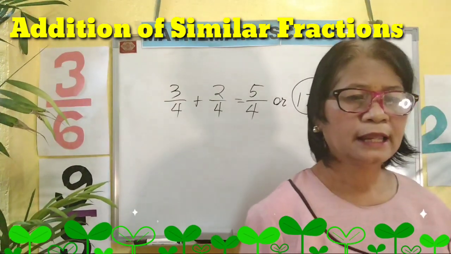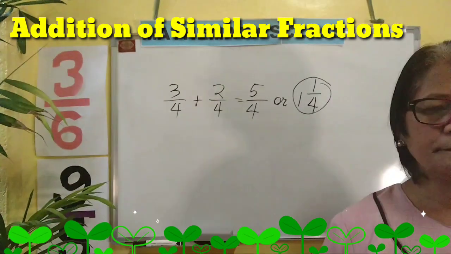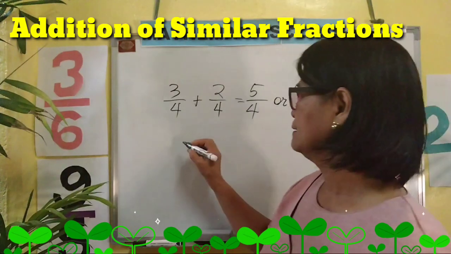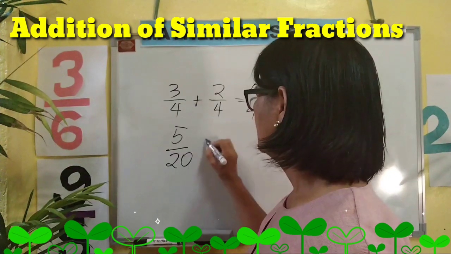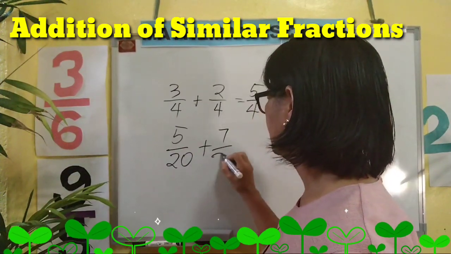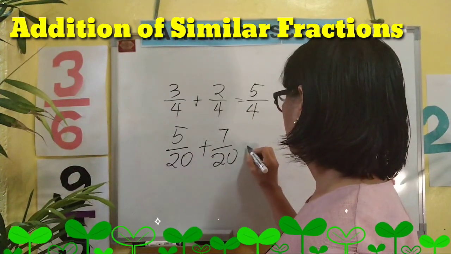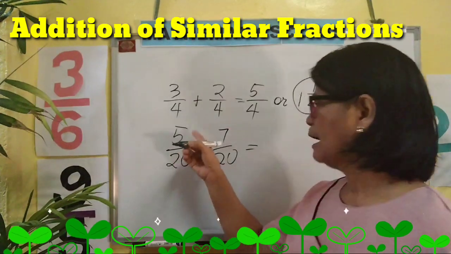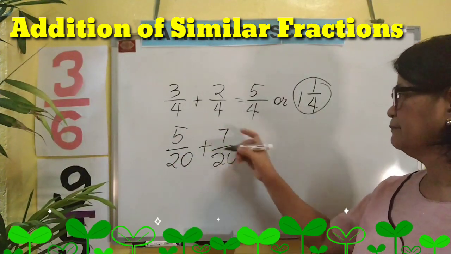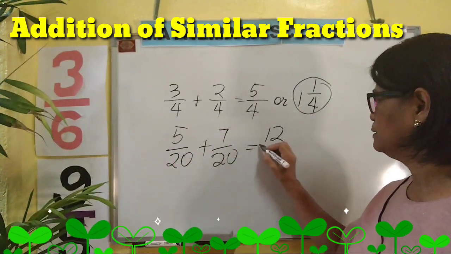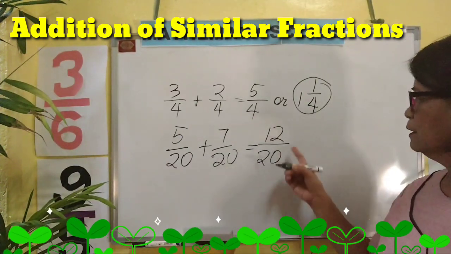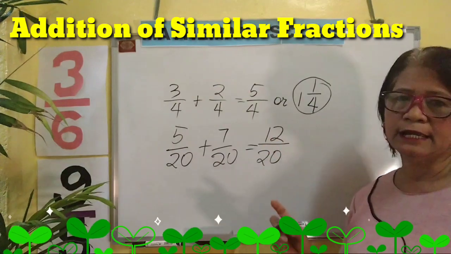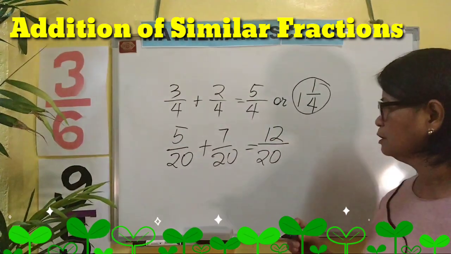Another example is 5/20 plus 7/20. As we did before, add the numerators. 5 plus 7 equals 12 over the common denominator of 20. And then, 12 over 20 is a proper fraction.